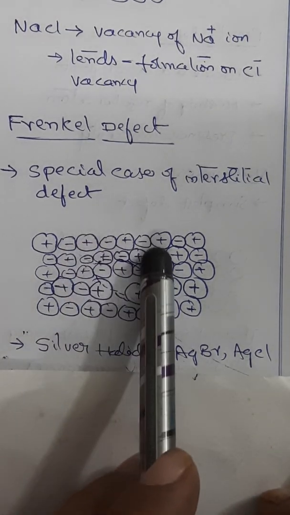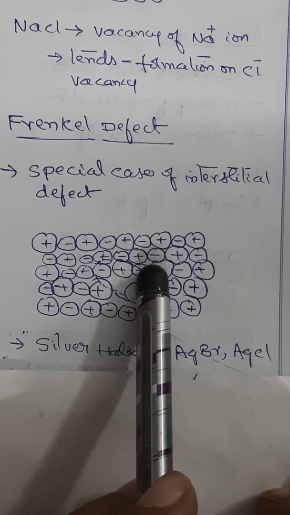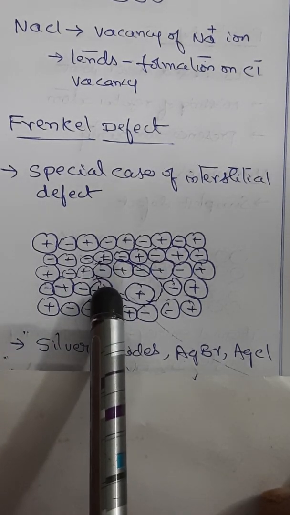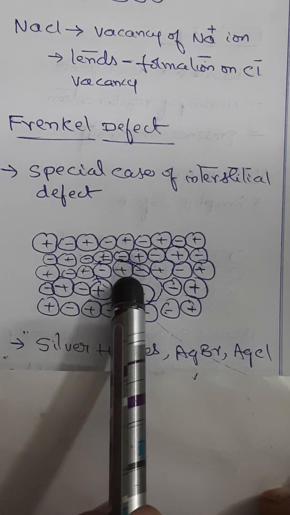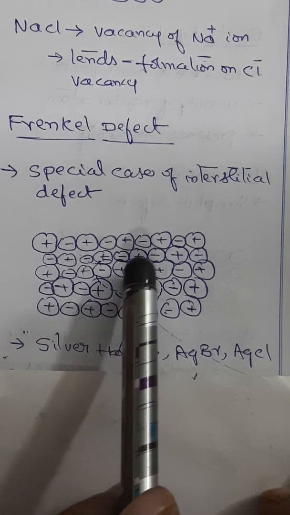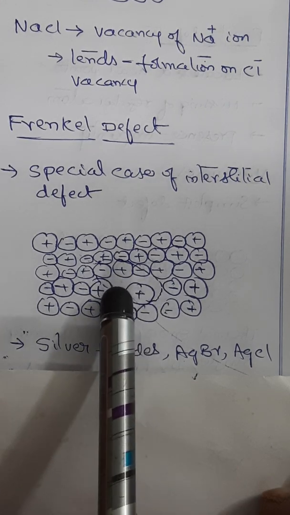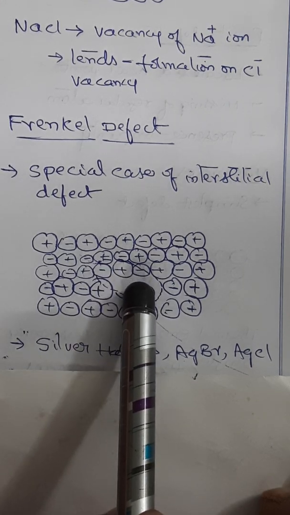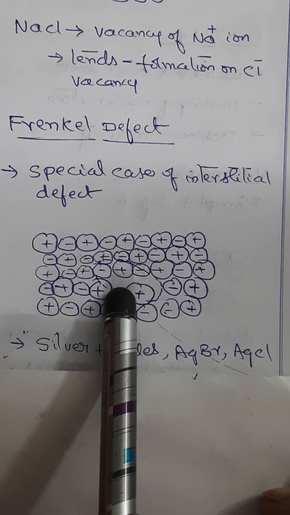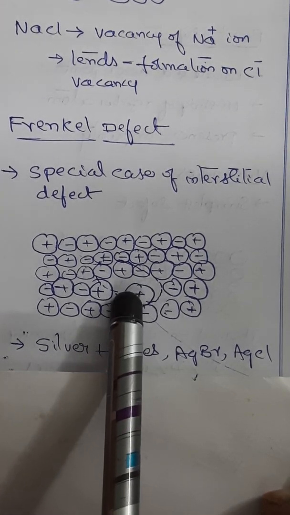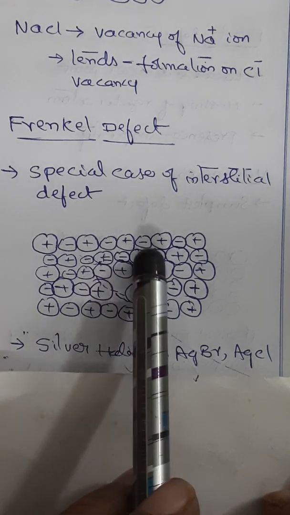Consider a periodic distribution of positive and negative ions in an ionic crystal like this. Whenever a negative ion leaves its site and settles in the interstitial position, it creates a vacancy in that position. That means both a vacancy and an interstitial defect are created. This pair of defects is what is known as Frenkel defect.